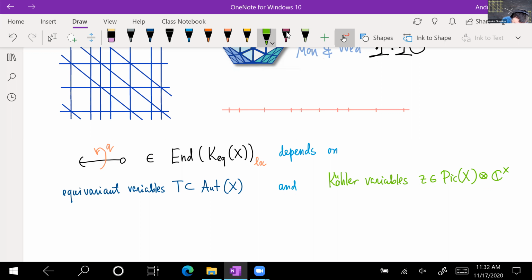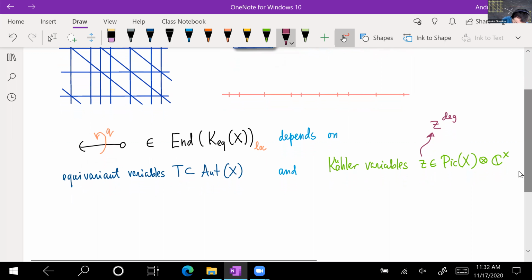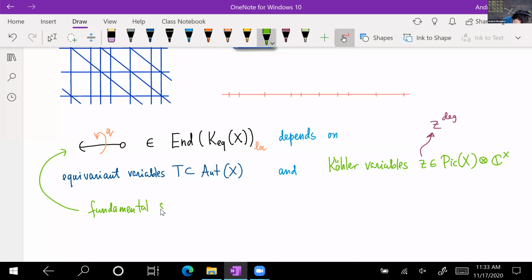So this means when we count quasi-maps, we put the weight Z to the degree of the quasi-map. That's this counting. And what we showed last time is that this object is the fundamental solution to a flat q-difference connection.